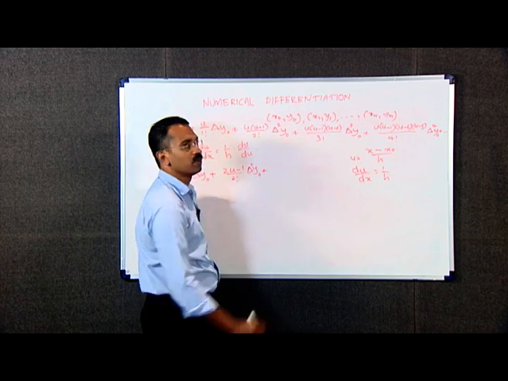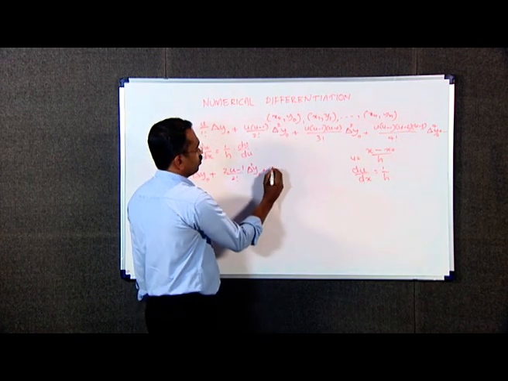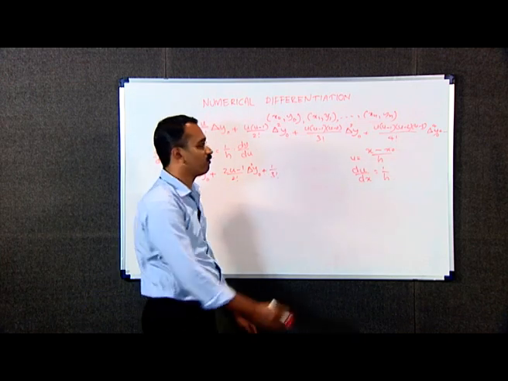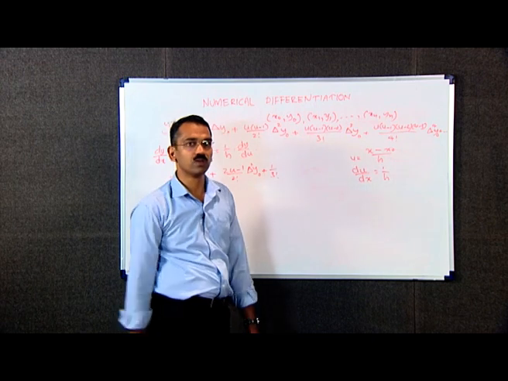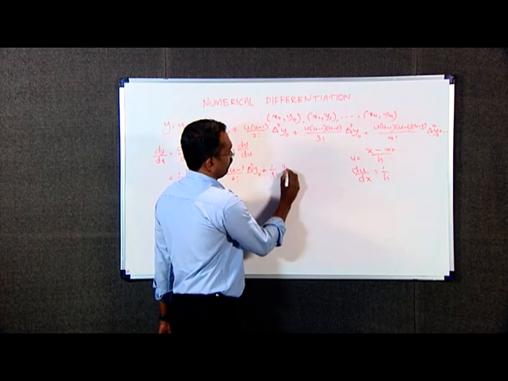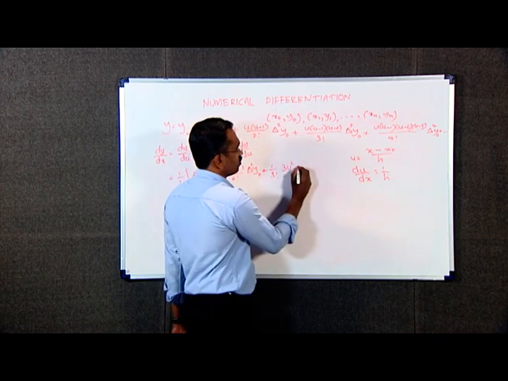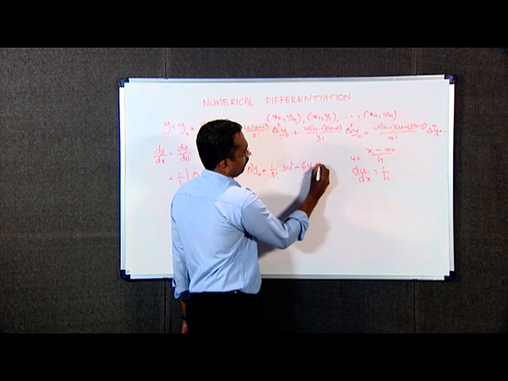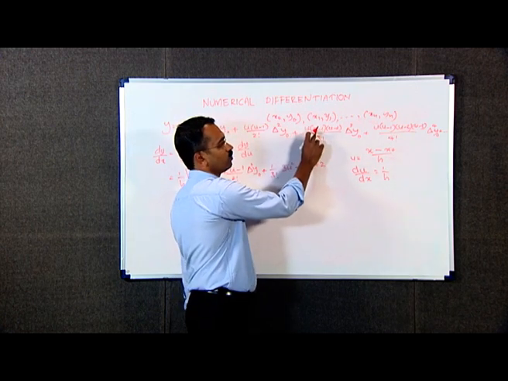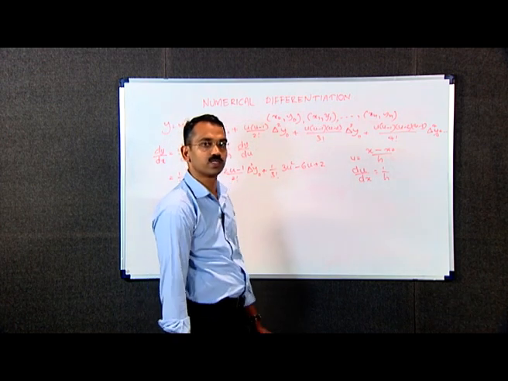plus 1 by 3 factorial into, here for the derivative we use the product rule, we obtain 3u square minus 6u plus 2. We differentiate this term u into u minus 1 into u minus 2 by the product rule of differentiation.